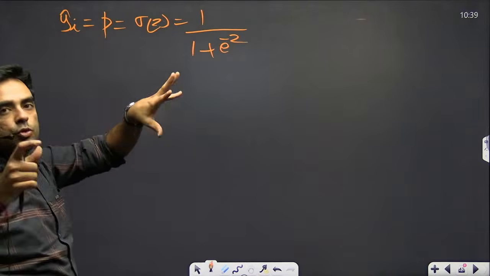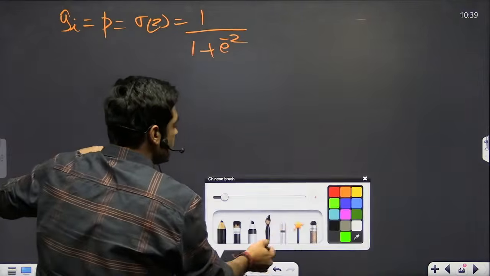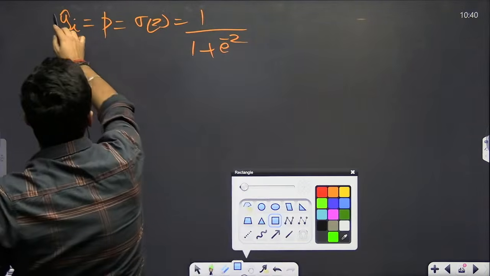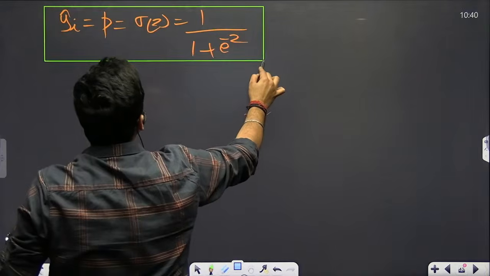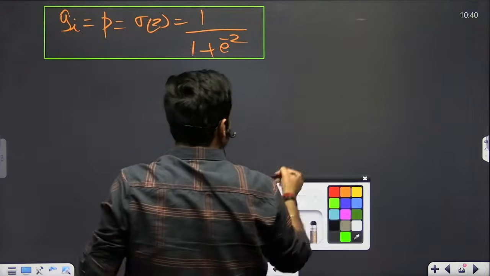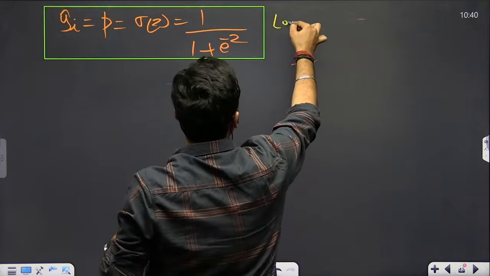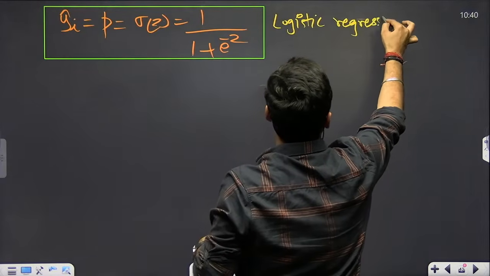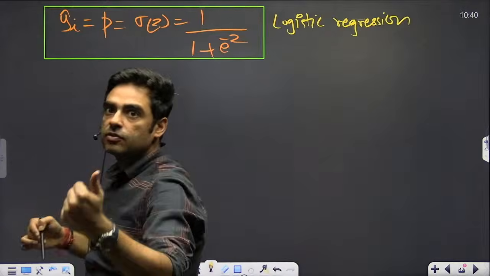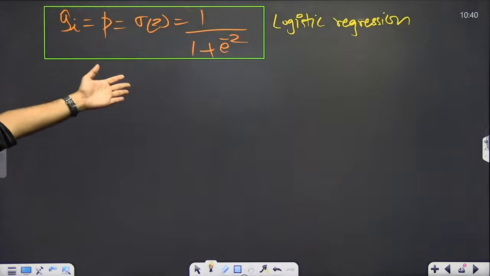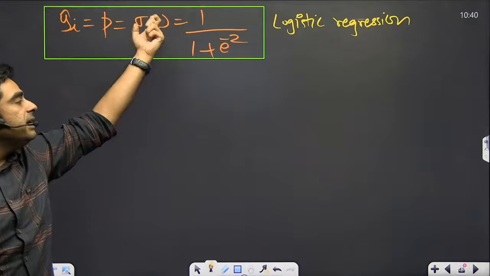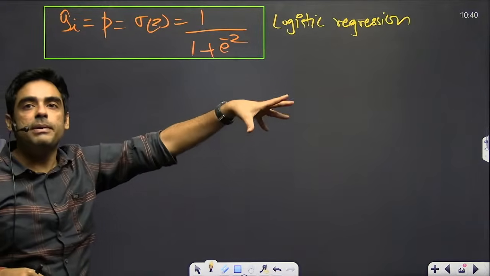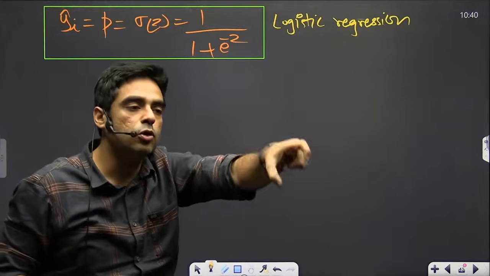That is the nature of logistic regression. You get the probability as a continuous number, and based on that number you decide whether it belongs to COVID or no COVID.